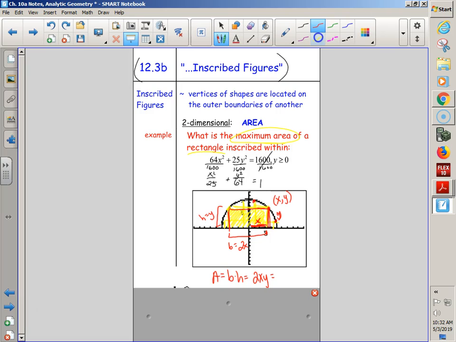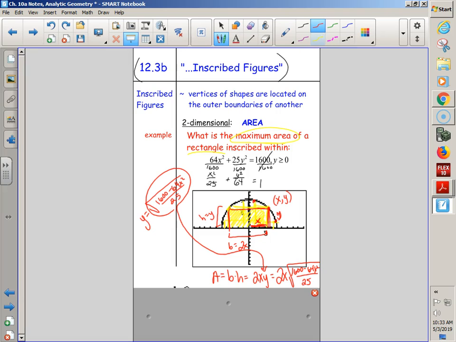With a little bit of algebra, I could get y is equal to the square root of, let's see, I'd have to subtract the 64 x squared. I'd have to divide by 25, but I could get y by itself, and I could go plug it in. Then I could say this is 2x times that nasty square root of 1600 minus 64x squared all over 25.